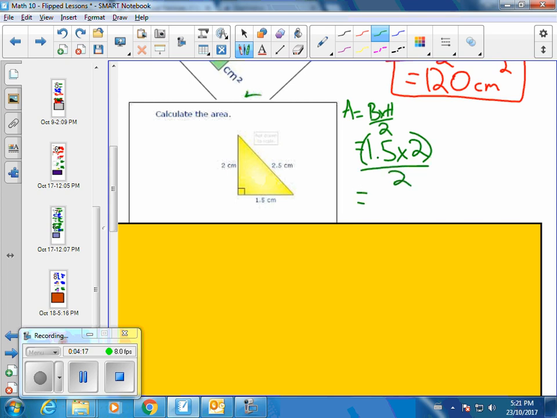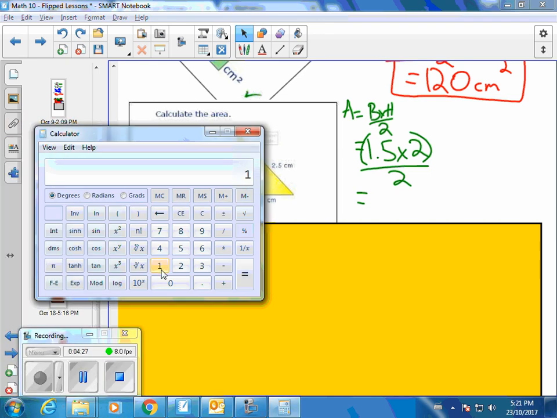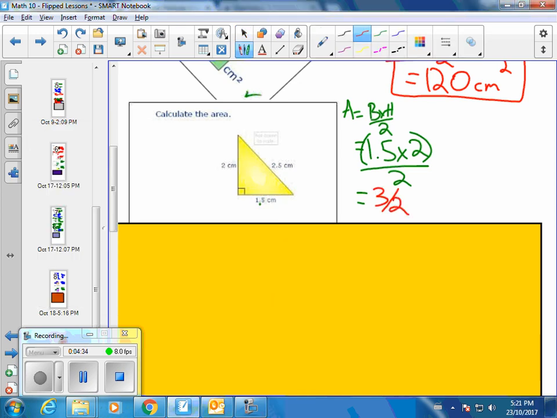I believe that's a 1.5. It's a little bit fuzzy and hard to see, but 1.5 times 2, if we go down here to our calculator, is going to give us 3. So we have 3 divided by 2, which winds up giving us an answer of 1.5.